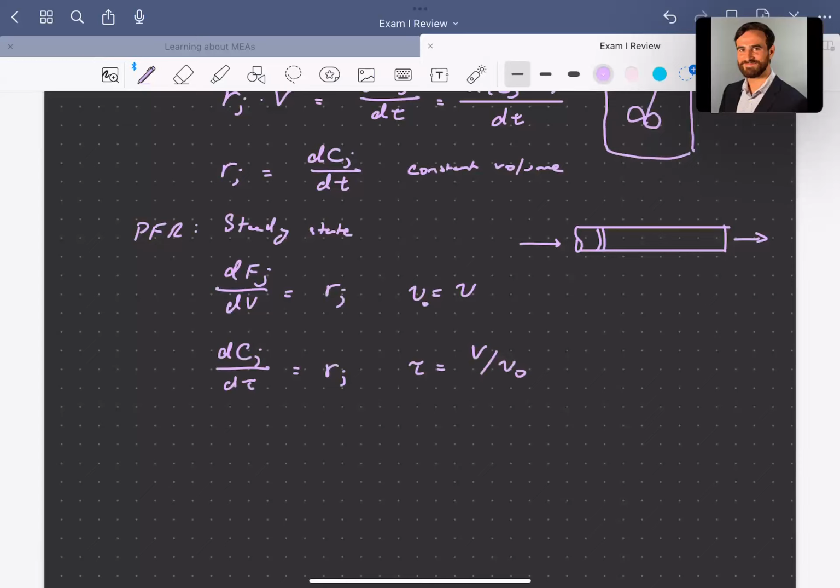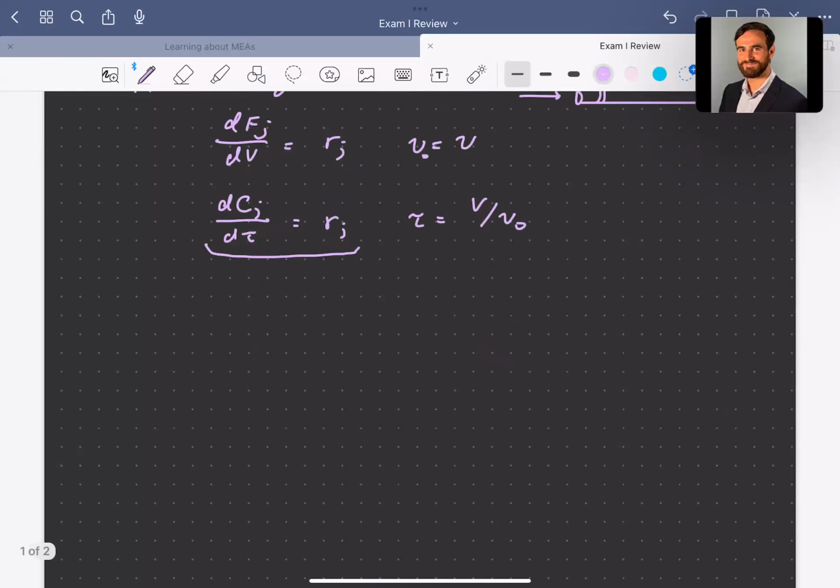So you can see clear similarities between the differential equation for the batch reactor and the plug flow reactor, with the tubular reactor having the residence time tau taking the place of time in the batch reactor.